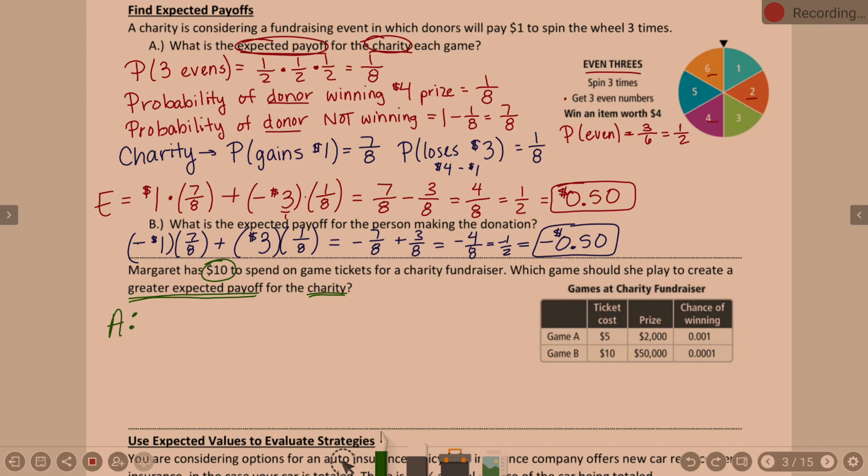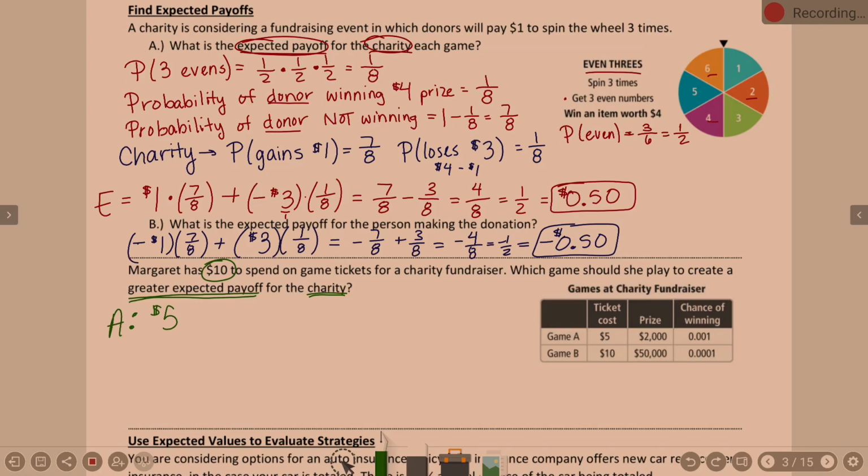So, we're doing this for the charity. It's not about what we get out of the deal, it's what the charity gets out of the deal. So $5 is positive, right? And again, yes, we can play this game twice. We'll double the result in the end. So they get $5, but they could lose $2,000.